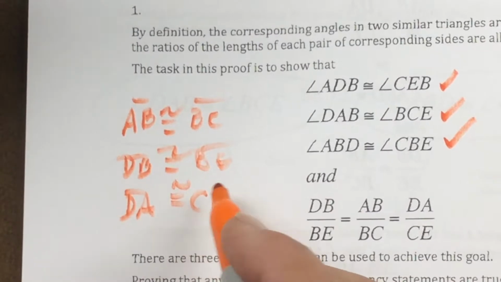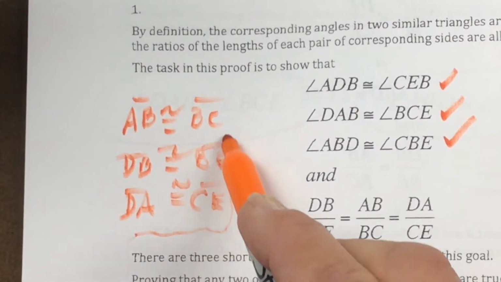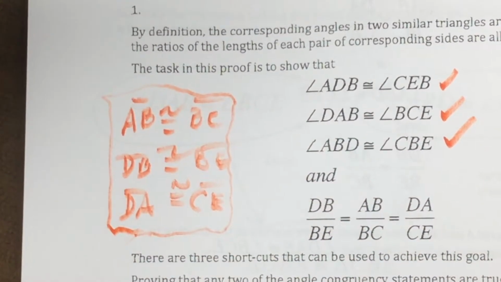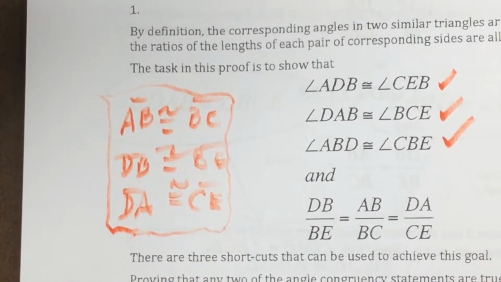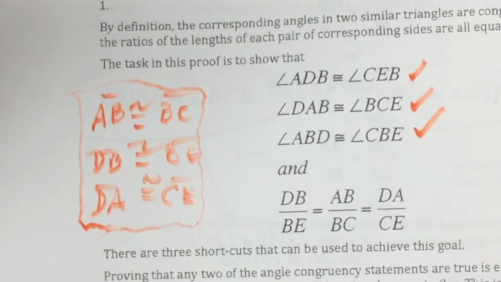In other words, they have exactly the same size. This would be the other three things you'd have to show in order to know for sure that two triangles were congruent. Right? Congruent angles, congruent sides.